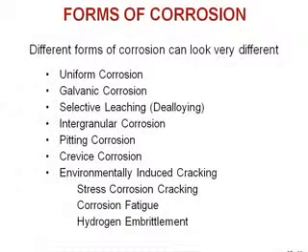All right. So we've learned about passivity, and I want to talk to you about different forms of corrosion. Remember at the beginning I said that corrosion doesn't all look like red rust, that there are different forms of corrosion that look very different, that follow the same underlying mechanisms, the same anodes and cathodes, right?